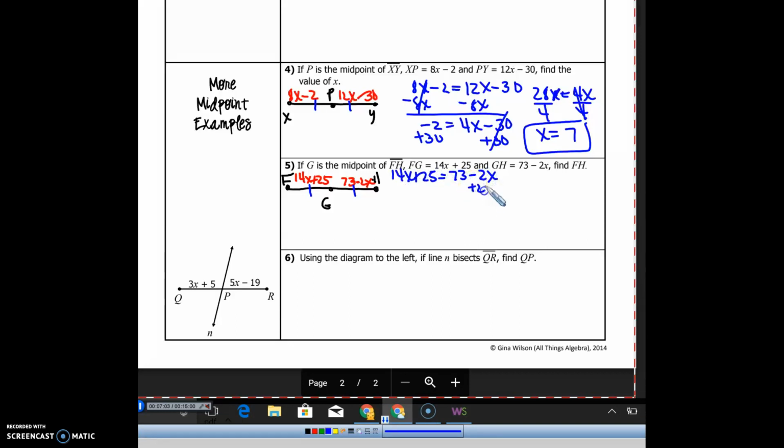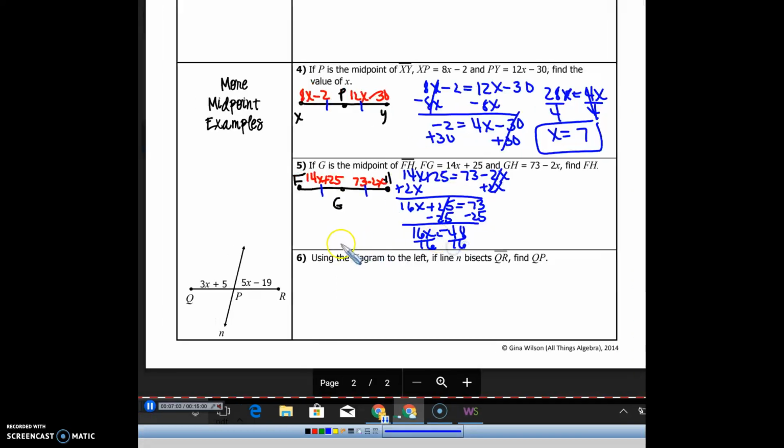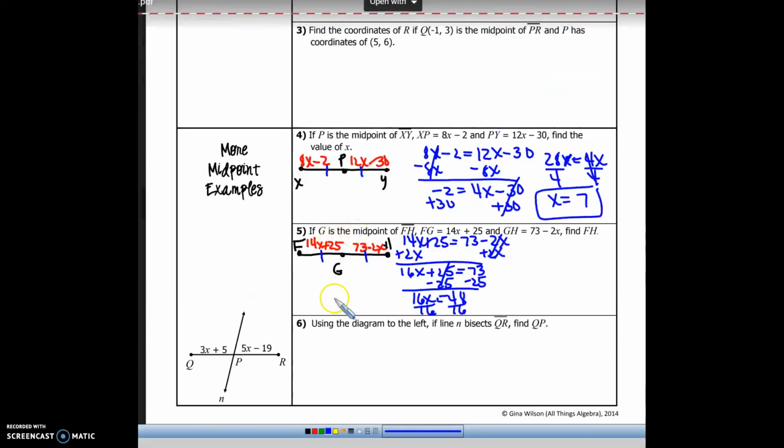Okay, I can add the 2x over, which gives me 16x plus 25 equals 73. Subtract the 25 over, and we get 16x equals 73 minus 25 gives me 48. And divide both sides by 16.